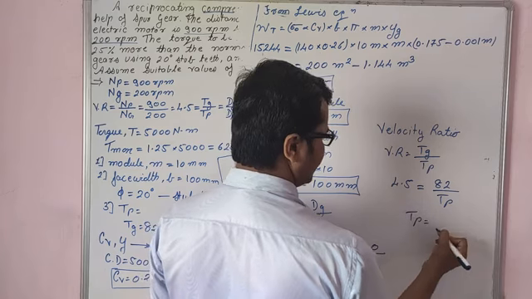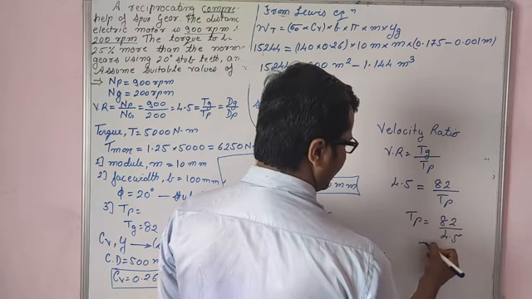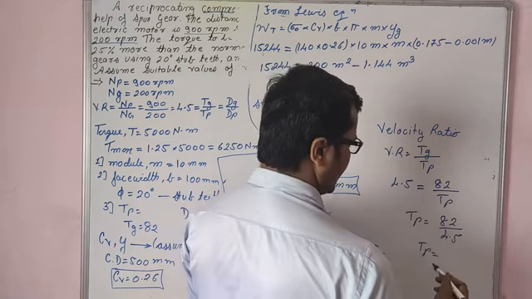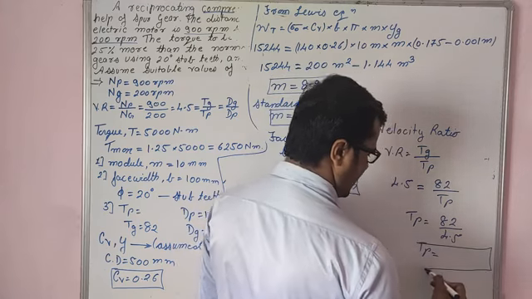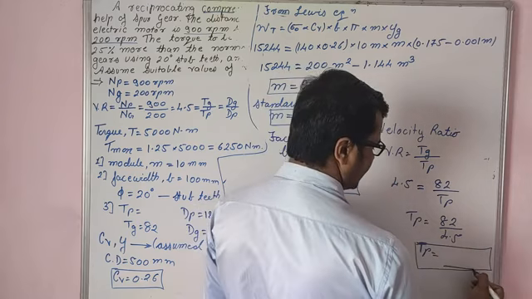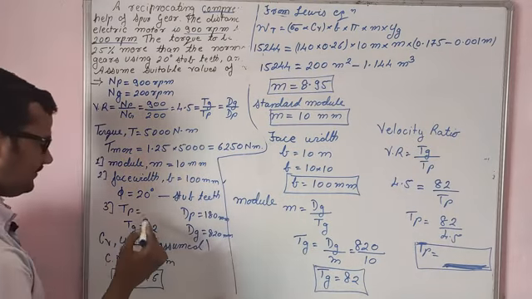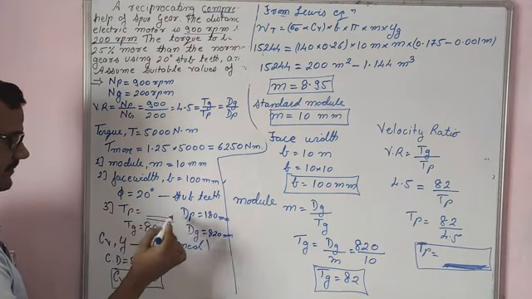So the number of teeth on pinion will be 82 upon 4.5. Calculate this value, Tp. This value of Tp is homework for you, so determine the value of Tp. That was your final thing to be determined.